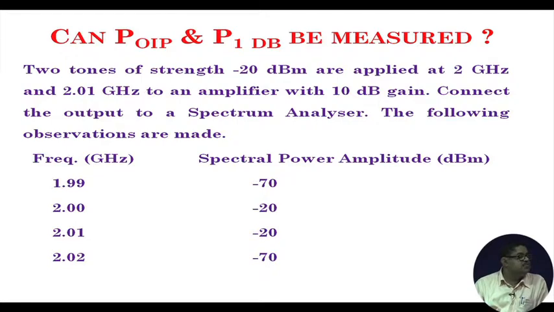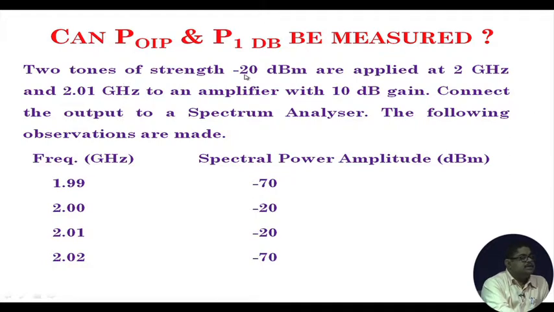So, 2 and 2.01 are already separated by 10 megahertz, and they are applied to an amplifier with 10 dB gain. Now, connect the output to a spectrum analyzer and the following observations are made.